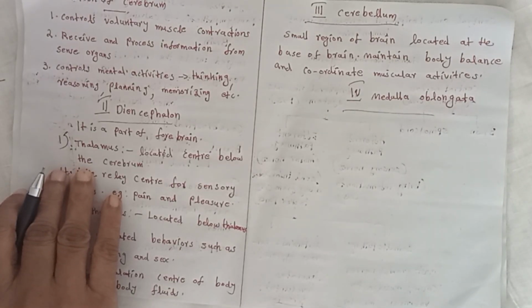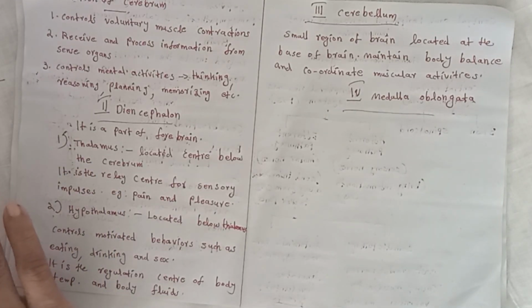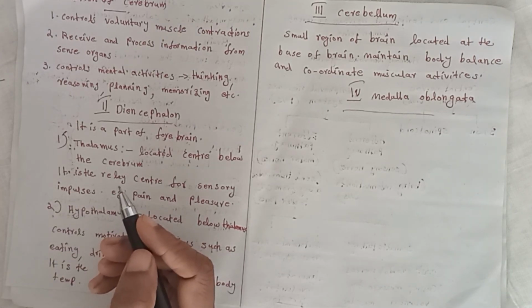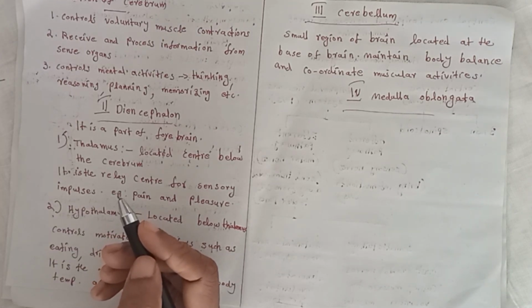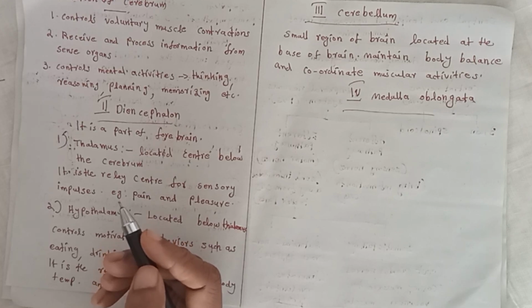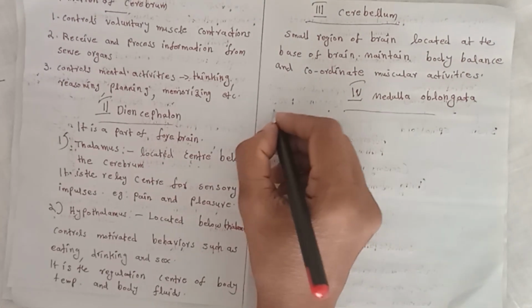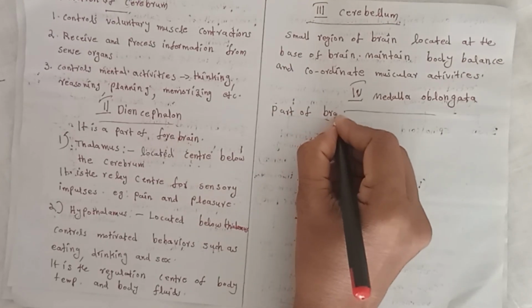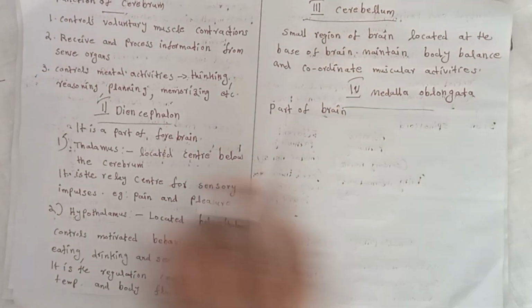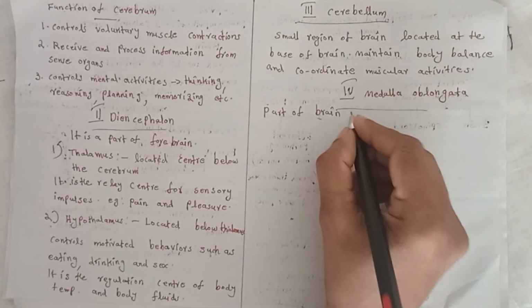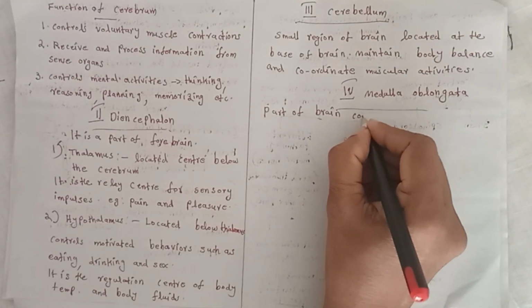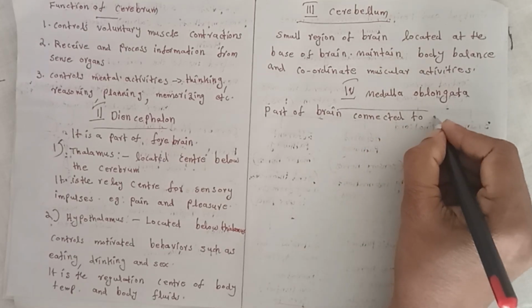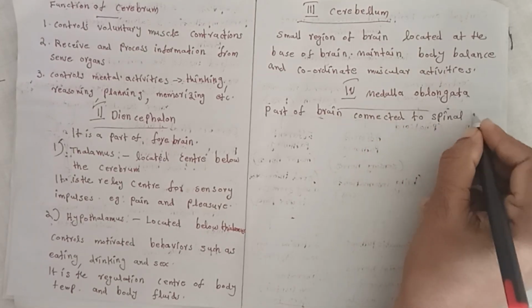Medulla oblongata is a part of the brain connected to the spinal cord.